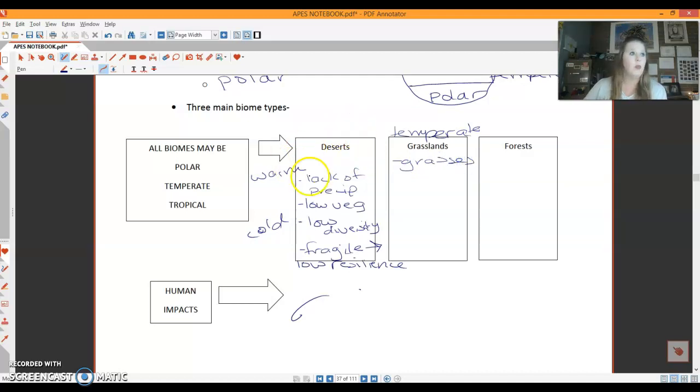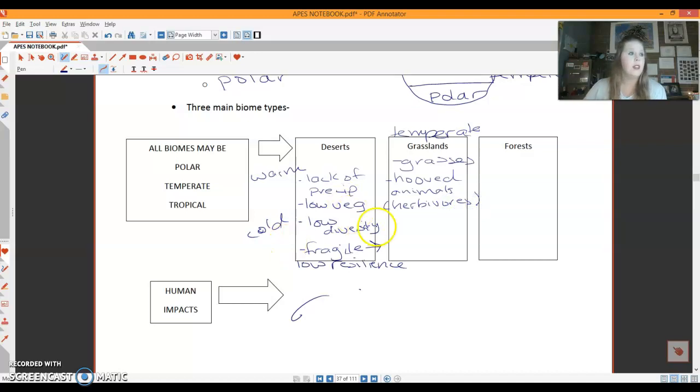These areas are typically going to be dominated by hooved animals. So what's an example of a hooved animal? Horses, cows, buffalo. So they're going to eat the grass because that's just where they live. So hooved animals, we're going to put in parentheses that they're herbivores.